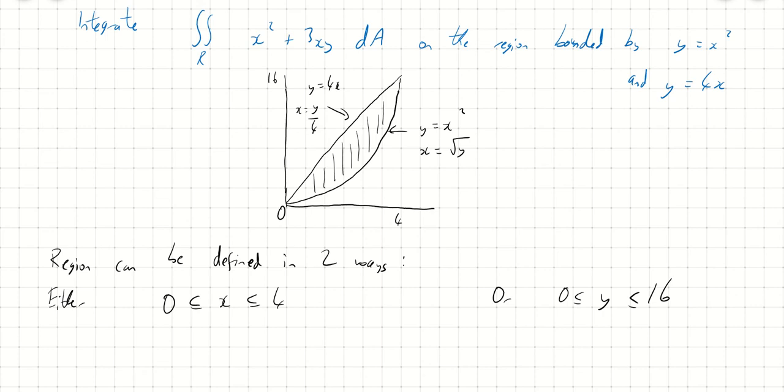Those are two options. If x varies between 0 and 4, then what does y vary between? Well, now y depends on x. When x is 0, for example, y can only be 0. That's the only bit that's relevant.